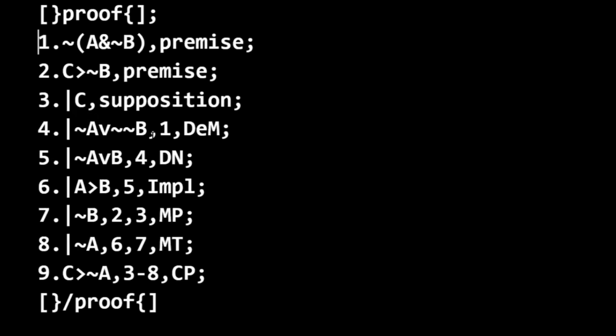That means we could apply that rule of De Morgan before we started the conditional proof segment. So for our purposes in this class, we're going to try to make the conditional proof segments as short as possible. This reduces the number of correct answers. My objective is to get a single canonical proof for every proof.